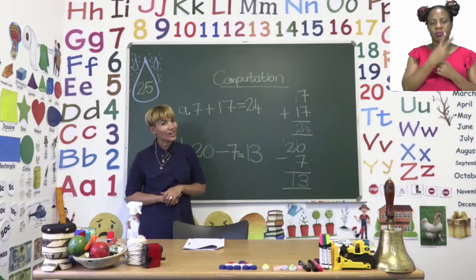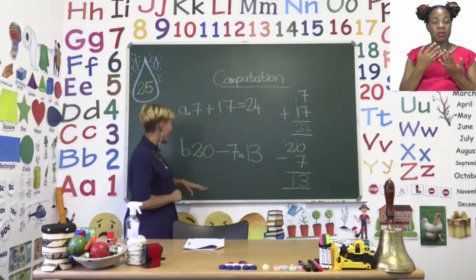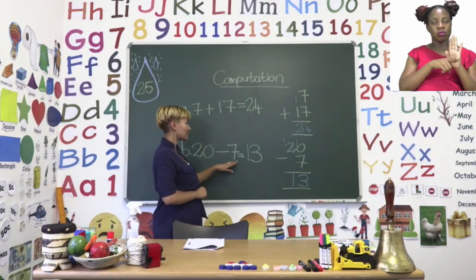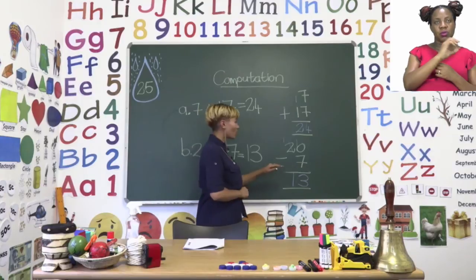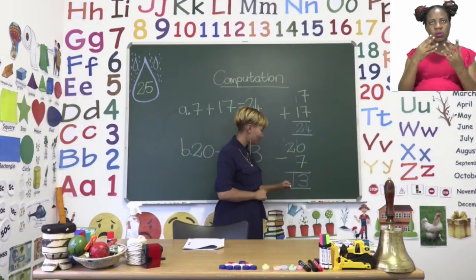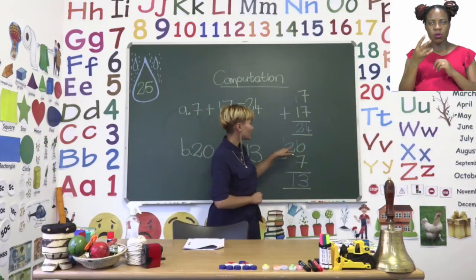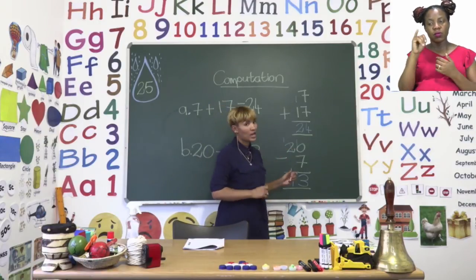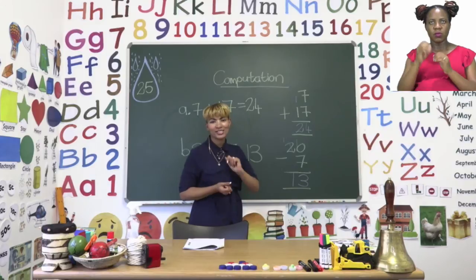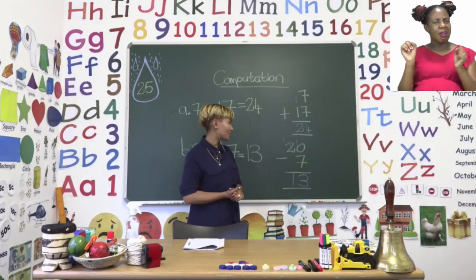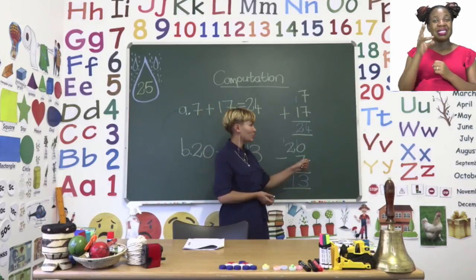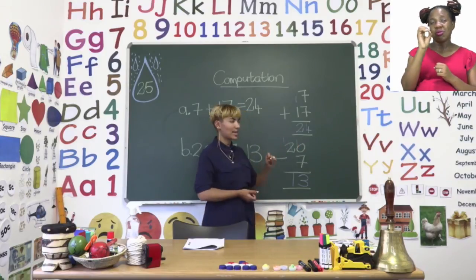Now let's try a subtraction sum. 20 minus 7. Now once again we write it below each other and we start with our units. So our units is 0 minus 7. But we cannot subtract 7 from 0. So that means we have to go borrow from our tens.